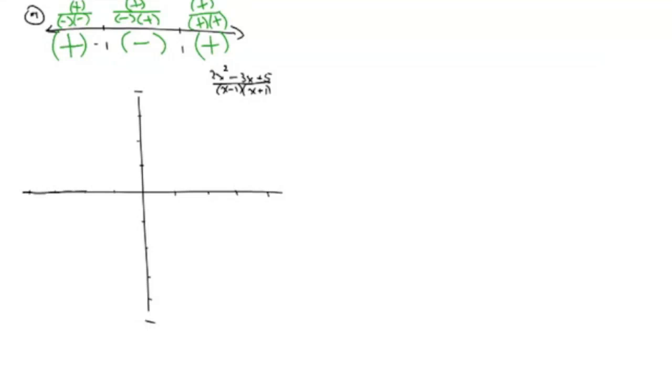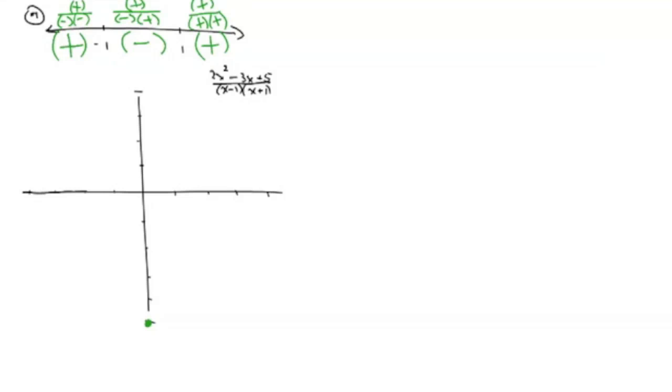All right. Putting information in. The first thing we found was x-intercepts, which was none. So I can't plot anything on the x-axis. Next one was a y-intercept. 0, -5, way down here, is our y-intercept.